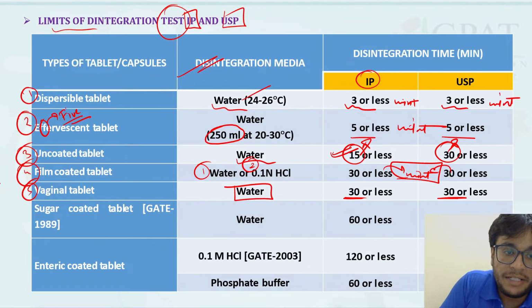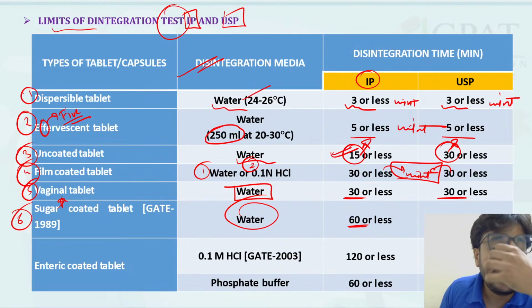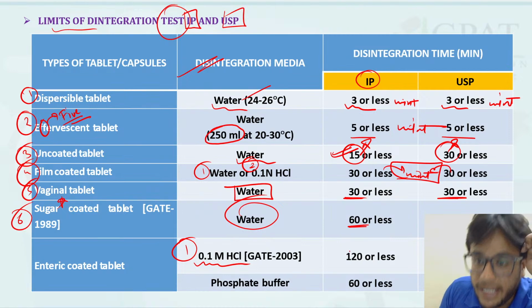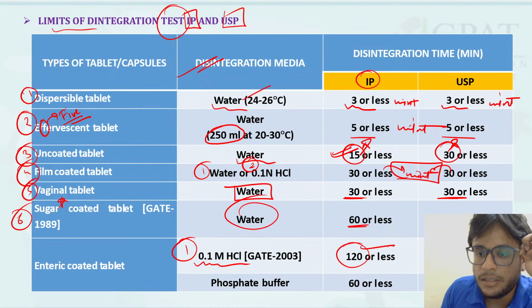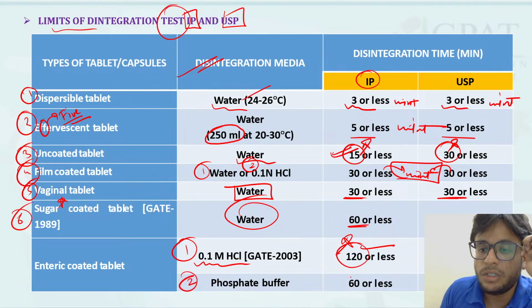This is also going to be very important for the sugar coated tablet. Water acts as the disintegration media, and the disintegration time is 60 minutes for both USP and IP. For the enteric coated tablet, if we are using 0.1 normal HCl, then the time for IP is going to be 120 minutes, and for USP it is going to be 60 minutes. But if we are using the phosphate buffer, then it is going to be reversed.